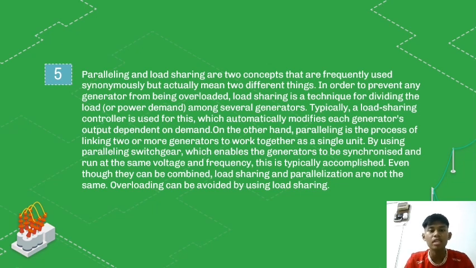Typically, a load sharing controller is used for this, which automatically modifies each generator output depending on demand. On the other hand, paralleling is the process of linking two or more generators to work together as a single unit, by using paralleling switchgear, which enables the generators to be synchronized and run at the same voltage and frequency. Even though they can be combined, load sharing and paralleling are not the same.